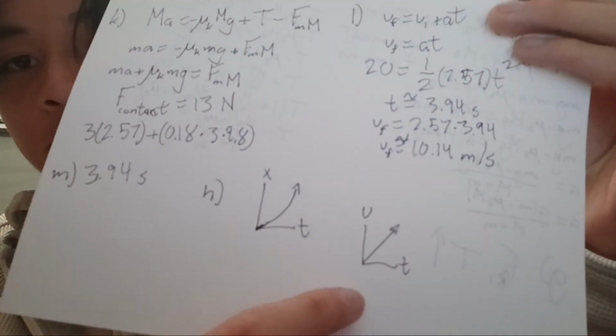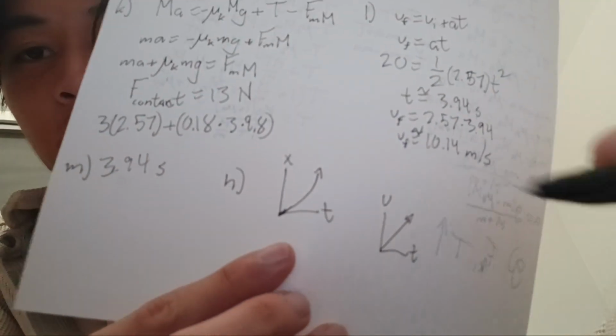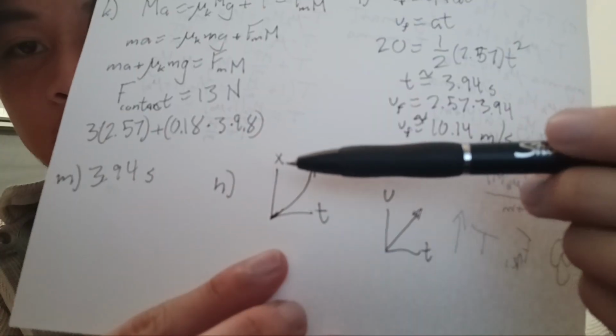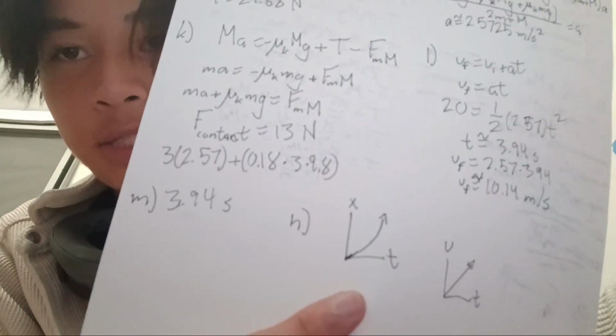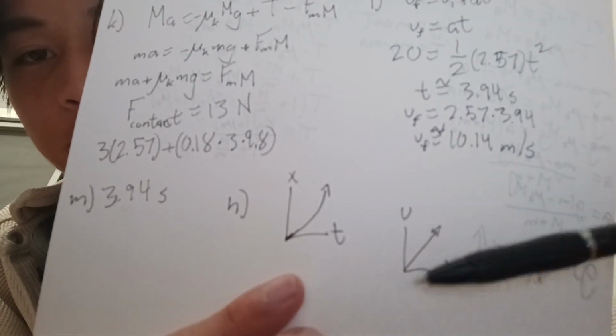The v of t function, sorry, let me organize this mess of papers on my lap. Okay, so the v of t function should look just like that, because v is the derivative of x, and the derivative of a parabola is just a regular slope line, like a straight slope, and so it should be just this.